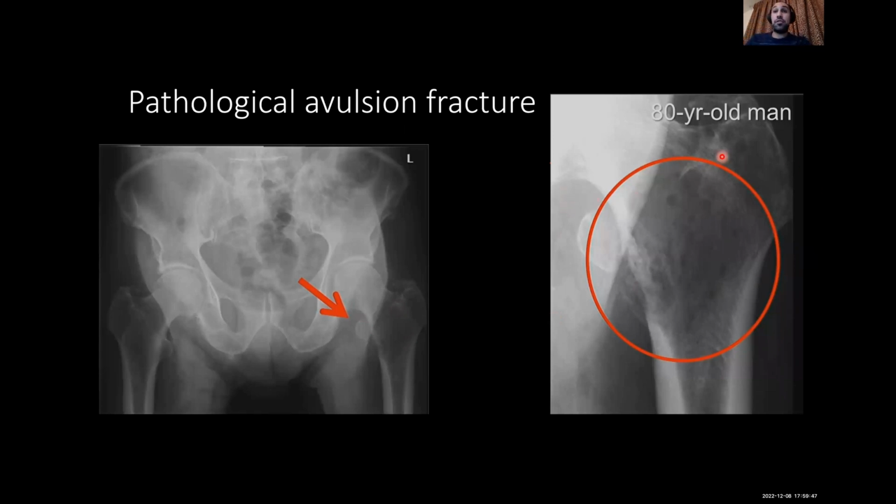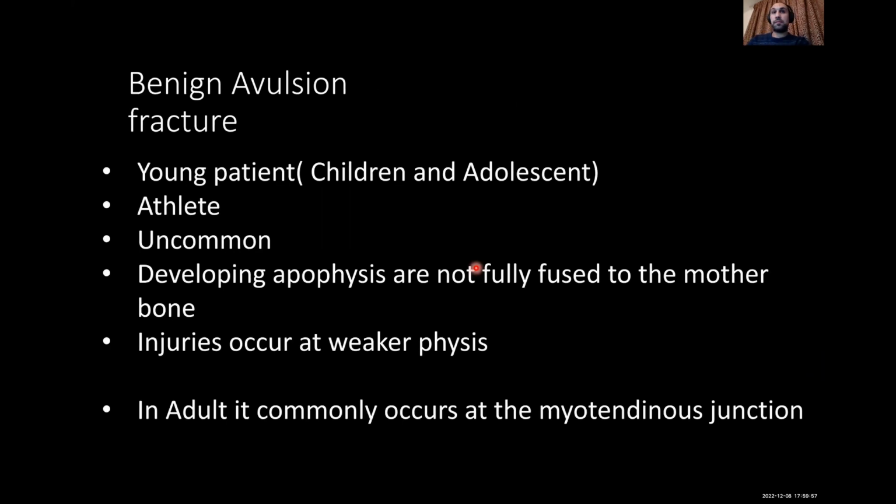Benign avulsion occurs in young patients and athletes, adolescents with a developing apophysis, because the apophysis, the site of insertion of the tendons, is weaker compared to the tendon itself.